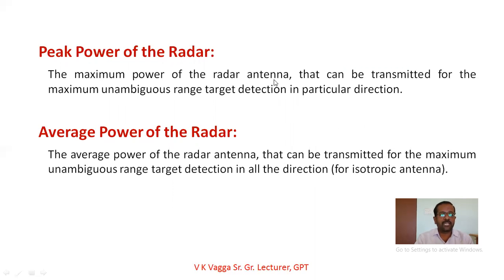The maximum power of the radar antenna that can be transmitted for the maximum unambiguous range, in a particular direction of detection: if the antenna concentrates the signal in that particular direction, its maximum power measured in that direction is the peak power. And the average power of the radar antenna that can be transmitted for the maximum unambiguous range, with detection in all directions, is for an isotropic antenna.